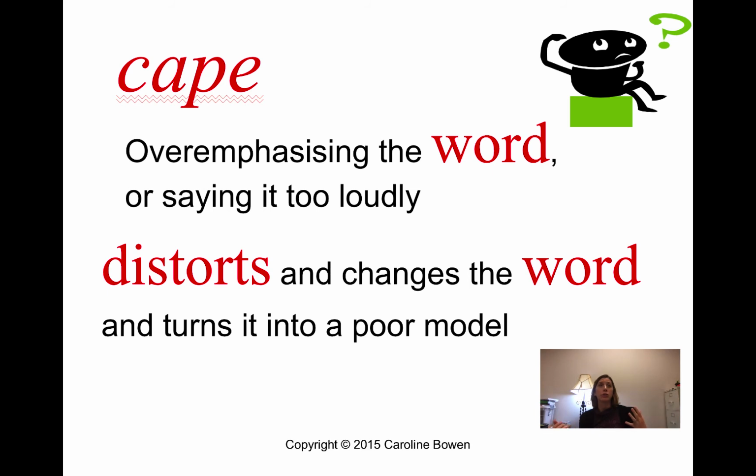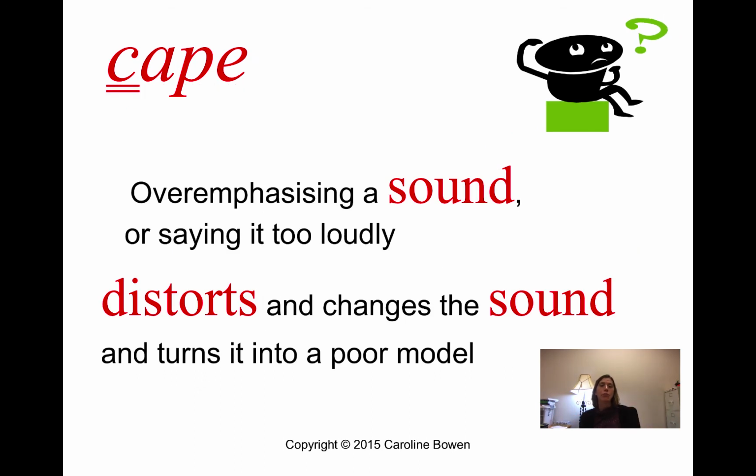Usually we don't go shouting cape, cape, cape. That's not what we do. We want it to sound like what he would hear normally, so that it's a proper model. Overemphasizing it or saying it too loudly is not the way we want to do recasting. In the same way, overemphasizing a specific sound or saying it too loudly is also going to change how that sound sounds and turn it into a poor model.